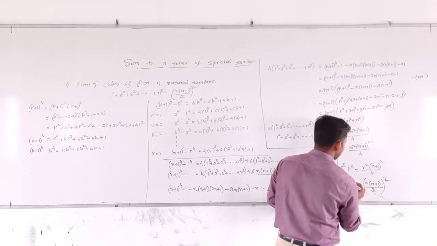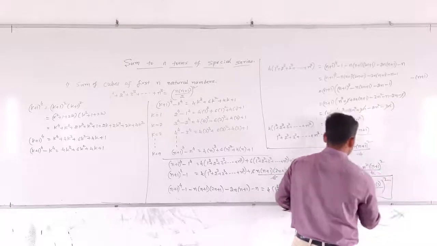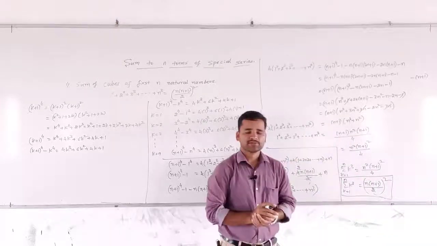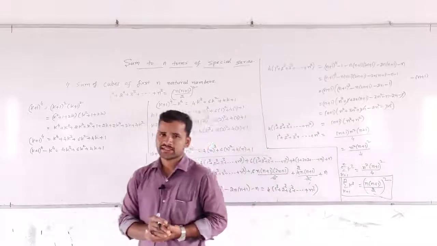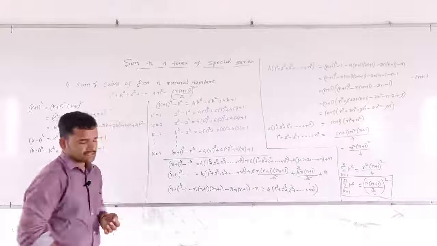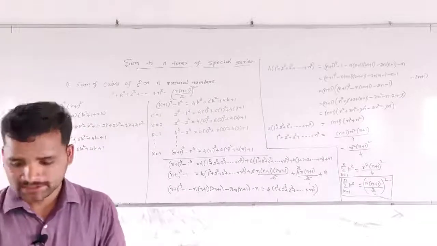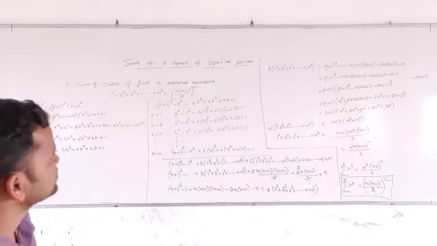This is summation of k cube where k varies from 1 to n, which is nothing but 1 cube plus 2 cube plus 3 cube plus 4 cube up to n cube. Thank you. We have derived 3 formulas right now.